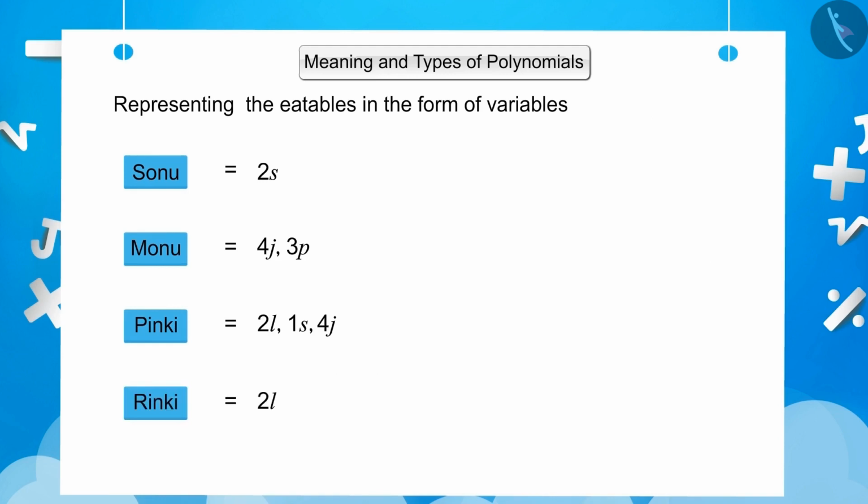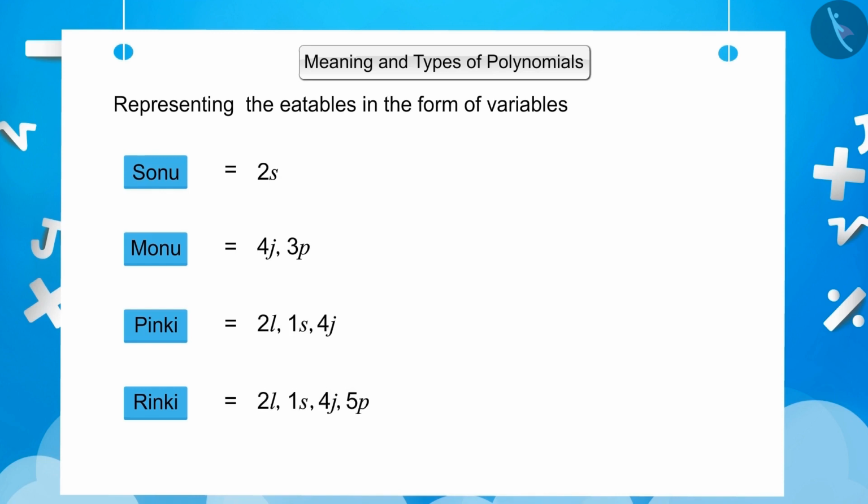Rinky, 2l, 1s, 4j, 5p. As we can see here, Sonu has 1, Monu has 2, Pinky has 3, and Rinky has 4 items with them.